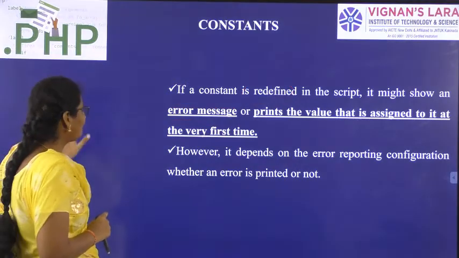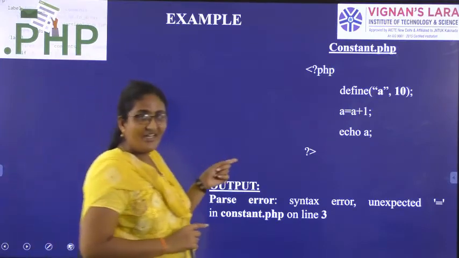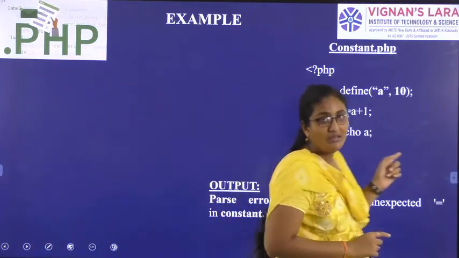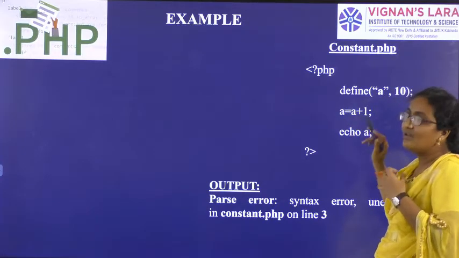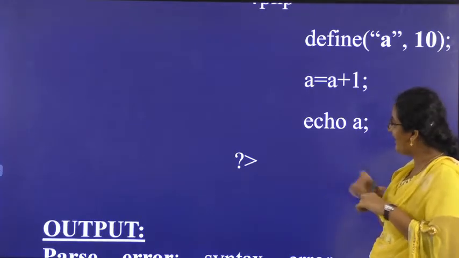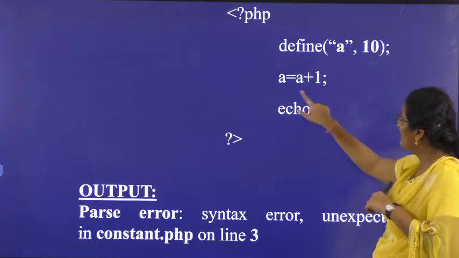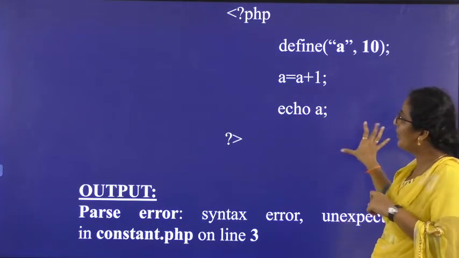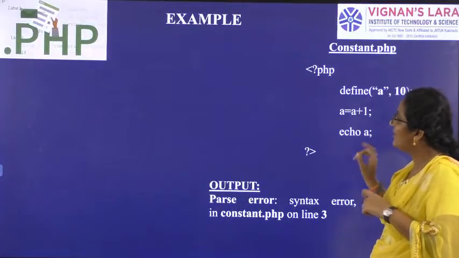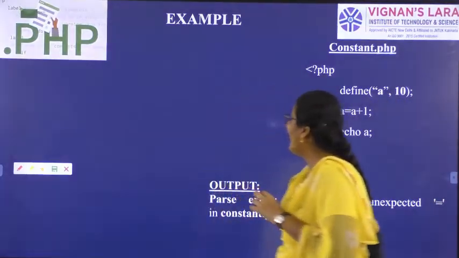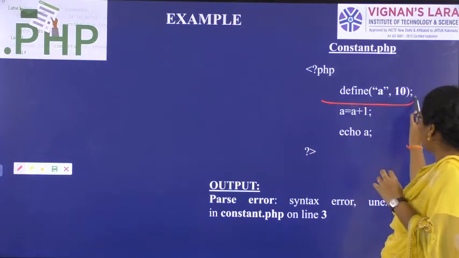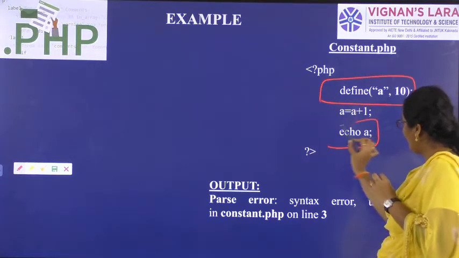So you declared a constant a by giving value 10. You cannot redefine the a value again. So if you redefine, you will get the error. Here you redefined, so you got the error. So this is the simple point, very simple concept. We have the syntax for creating the constant and you can print that.